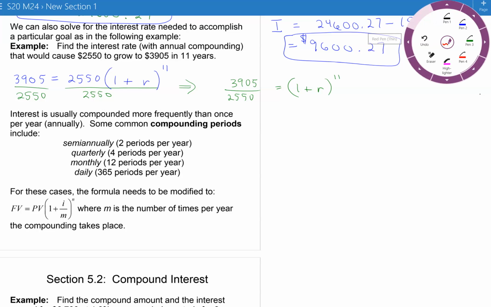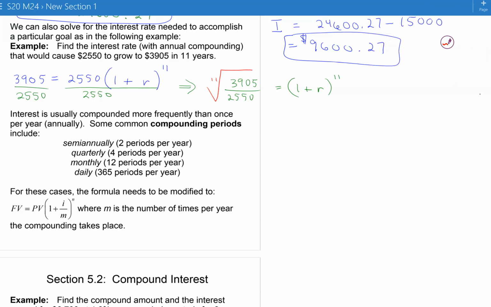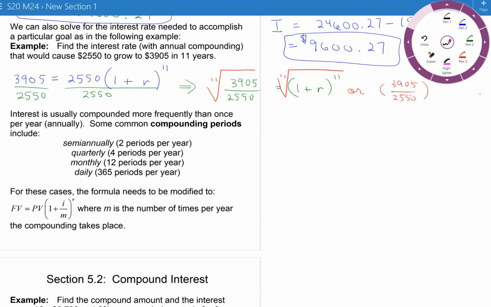Well, to undo the power of 11, you take the 11th root, or you can take 39.05 divided by 25.50 to the power of 1 over 11, remembering that those are equivalent. The 11th root and the power of 1 over 11 are the same.